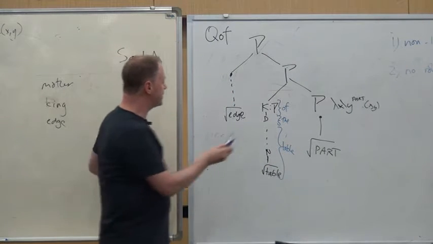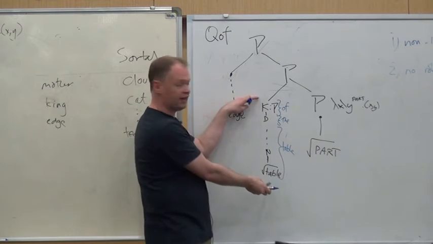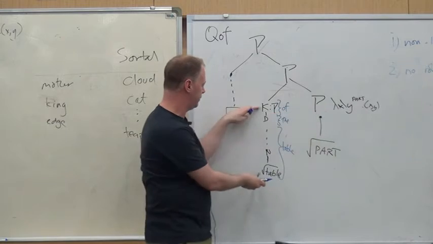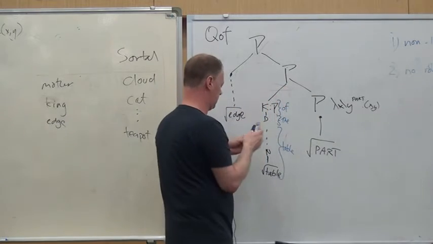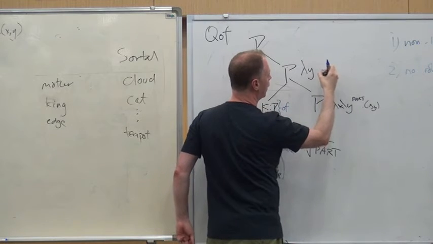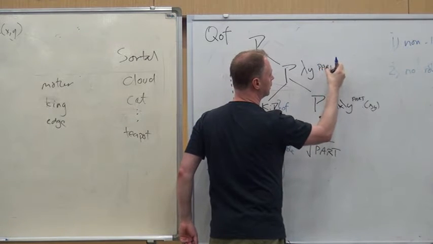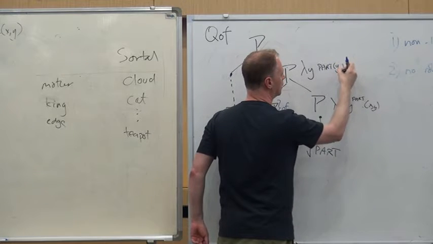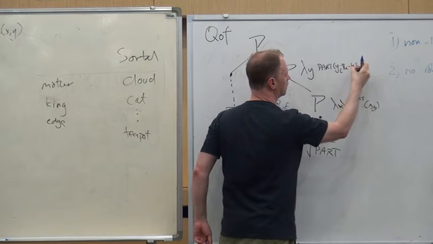So semantically, by the time we put these two things together, this is just a thing. This just means the table. So semantically, we put this together with this, and we get lambda y, and then we get part y, the table.